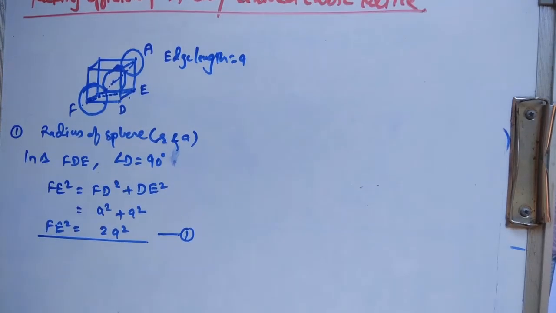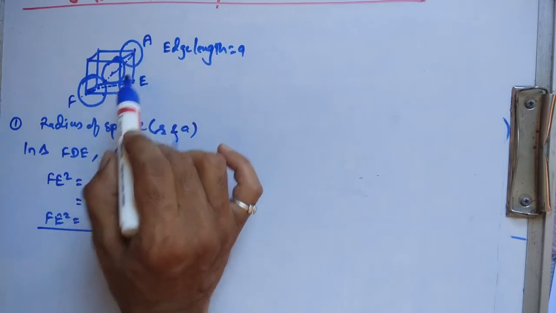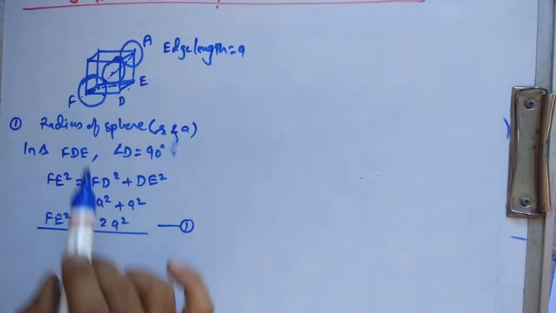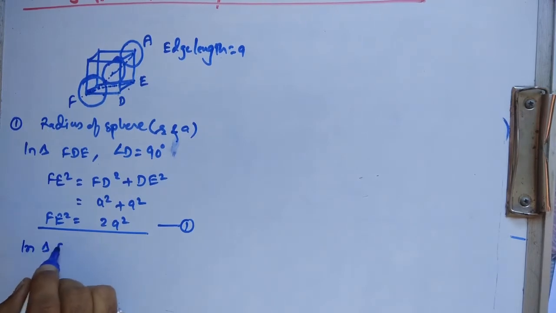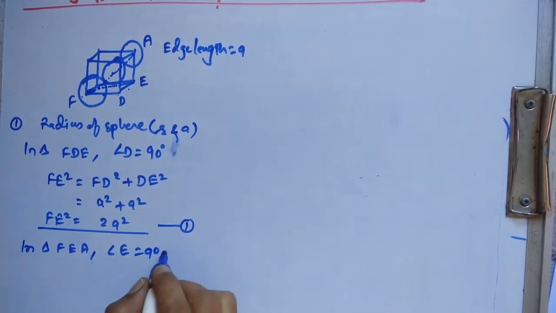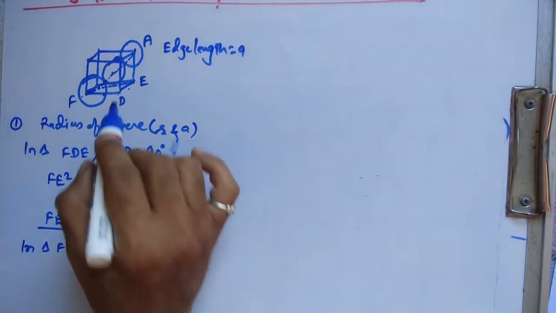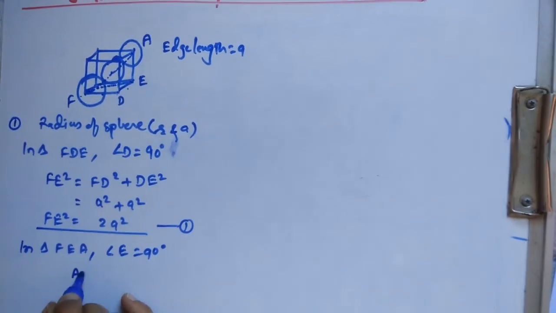Now consider the triangle FAE or FEA. Now in triangle FEA, angle E is equal to 90 degrees. Therefore we can write FA as the hypotenuse.